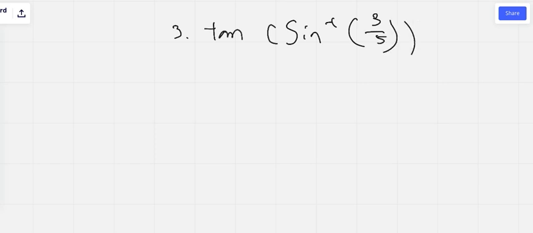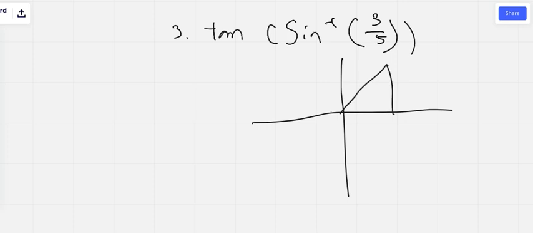This is a calculator problem. So first, we will want to find out, this is a non-calculator question actually. So you will want to first draw a unit circle, or I mean just a graph.